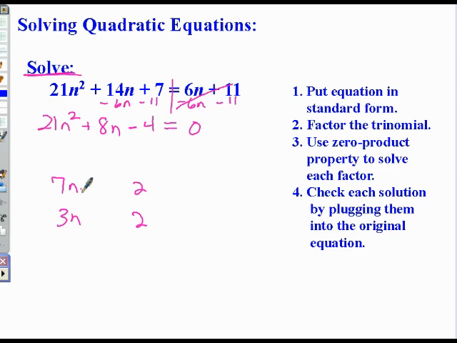And now we got to play with our signs. 7n is paired with 2, and 3n is paired with 2. And we know they're different signs. We need more positives. So we need our outers, the 14, to be positive and the inners to be negative. That gives us the negative 4 and the positive 8n term. We know that's equal to 0.